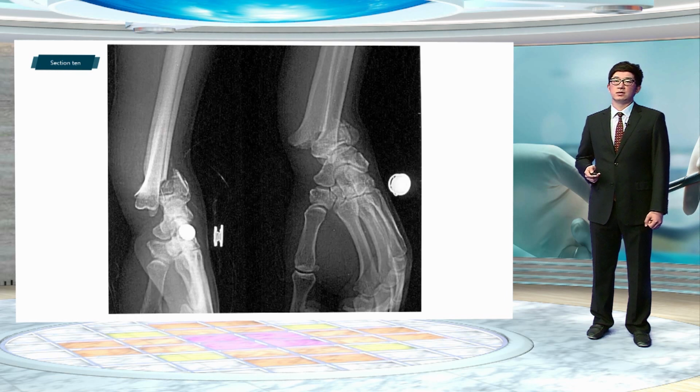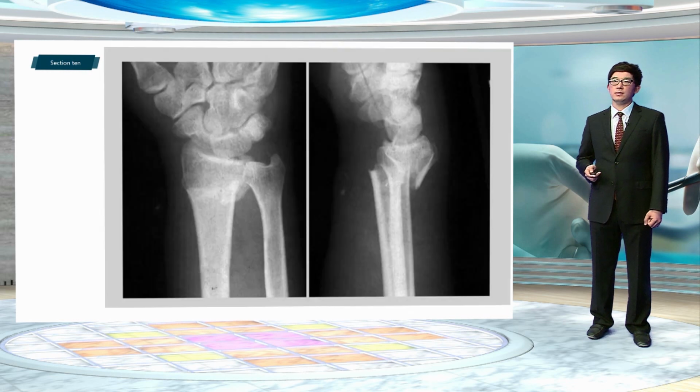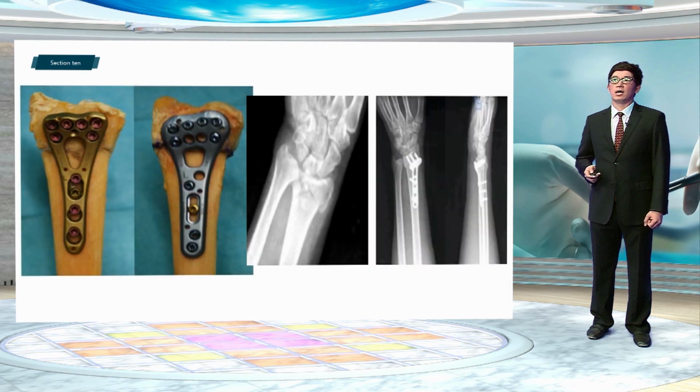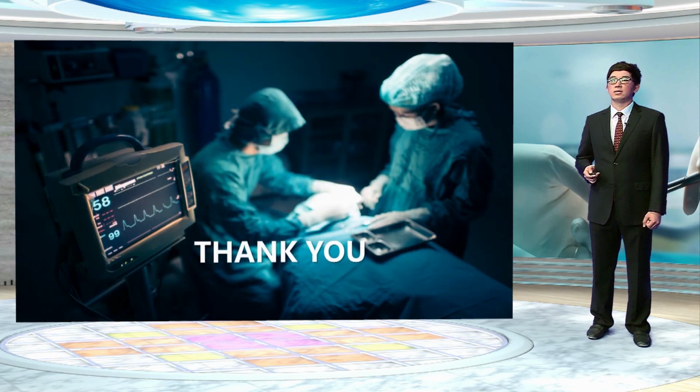This picture shows the X-ray of this kind of fracture, and this picture shows the AP position and lateral position. And this picture shows how we do the surgery. We use plates and screws to do the reduction and internal fixation. That's all. Thank you.